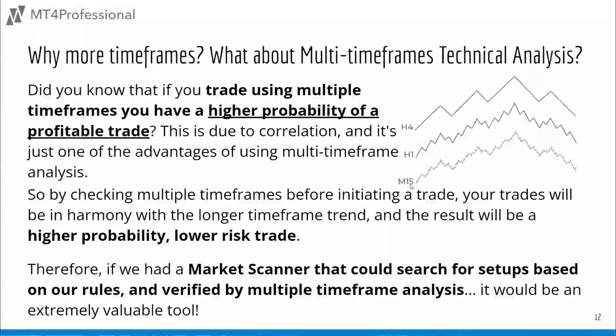The hour or 15-minute charts are the same basic profile, but you can see they're a lot noisier. You can see there's a lot of ups and downs that occur within this larger time frame envelope. Well, if you're trading a 15-minute chart, knowing that the 4-hour time frame is trending upward, you're going to have a higher probability to have a profitable trade if you're trading in the direction of that longer term trend.